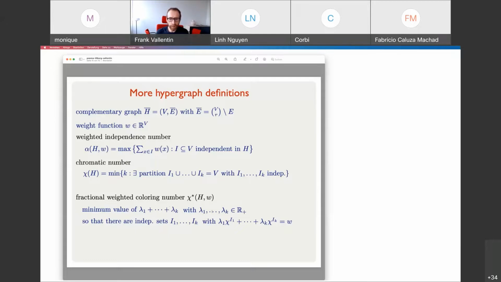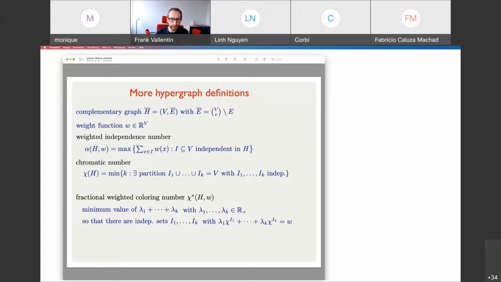Then the lambda 1 up to lambda k should be non-negative numbers. And then I want to have that there are independent sets I1 up to Ik, so that the sum lambda 1 characteristic function of the set I1 plus and so on plus lambda k characteristic function of the subset Ik is equal to the weight function. Yeah, that's the fractional weighted chromatic number.